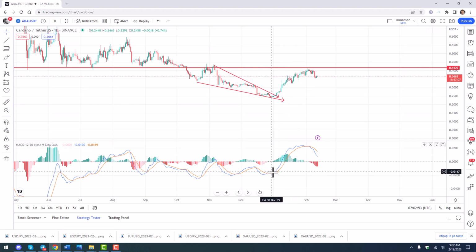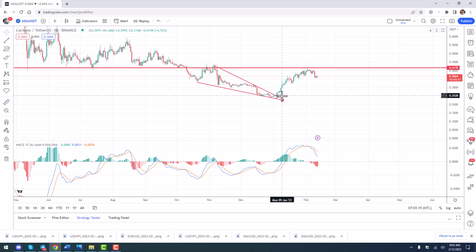So not here, of course it would have been a little sooner, but considering the fact that this would have been a fail, no stop loss, and also here we have a little crossover, another fail. So we wait for the price to give us the signal, and the signal is a break above the trend line.